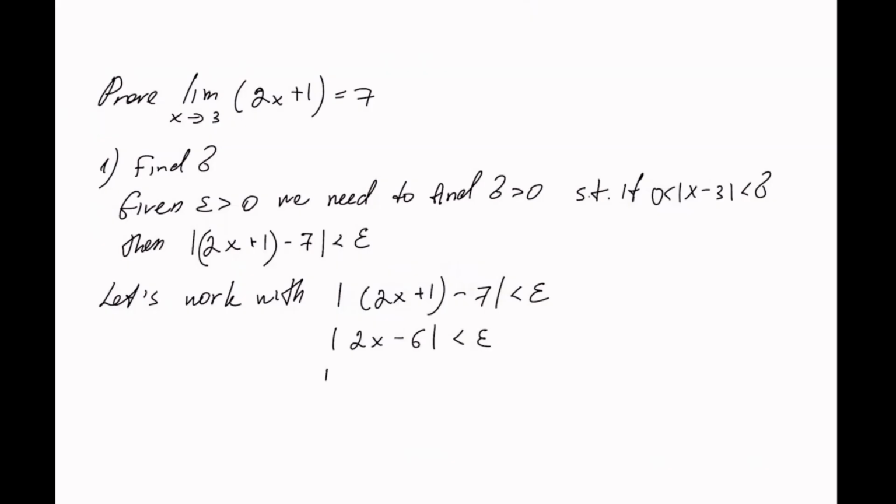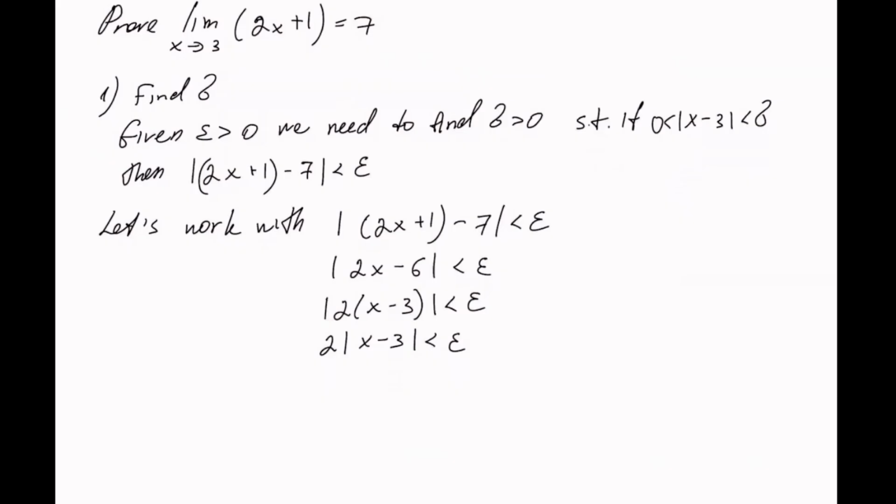Now we can factor out 2. We have 2 times x minus 3 less than epsilon. From here on, we can factor this 2 out of the absolute value because it's already a positive value, so nothing changes. And the last step, we can divide by 2 to get absolute value of x minus 3 less than epsilon over 2.